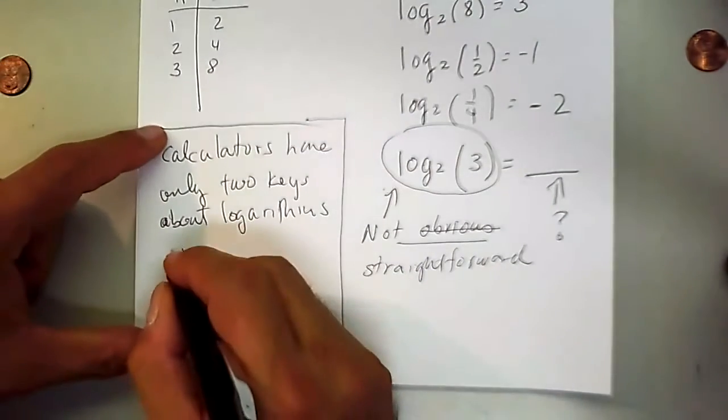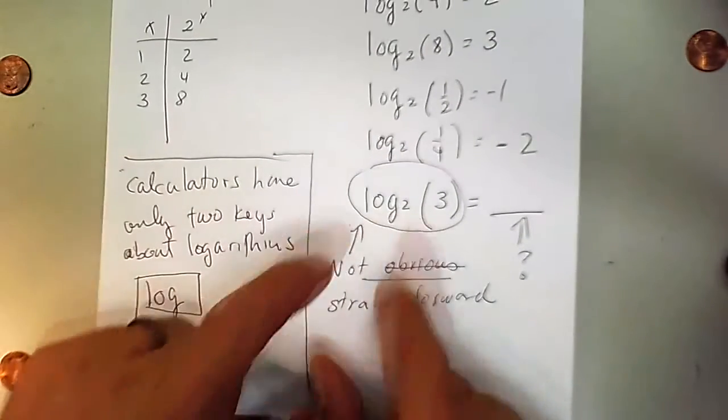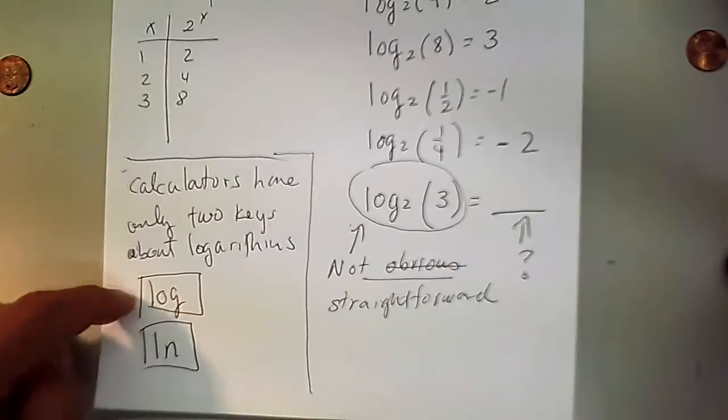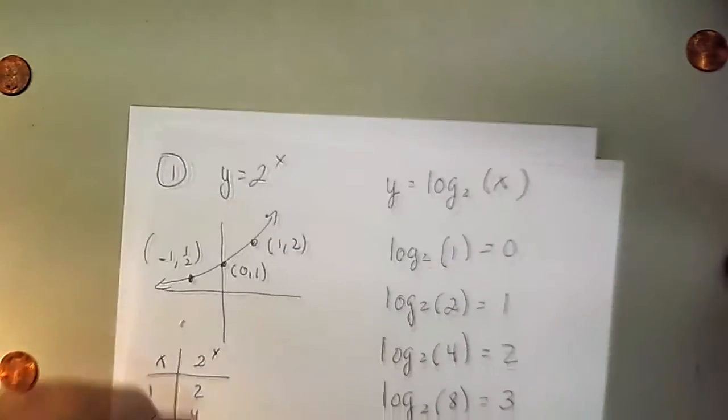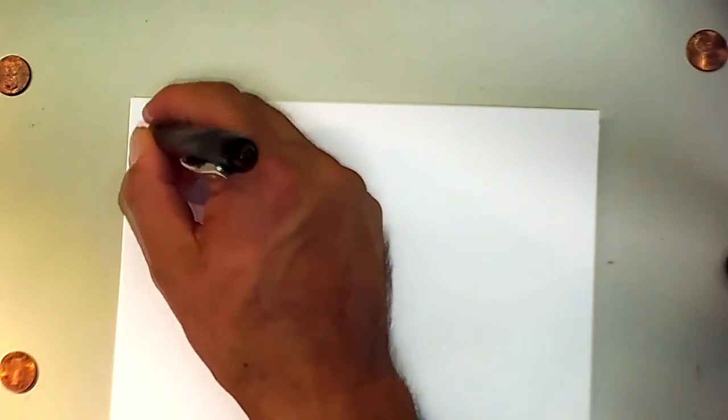So those are the only two keys they have. They don't have a logarithm base 2. Okay, so let's go to those two. And I don't know why that is the case. In this day and age, you would think that shouldn't be an issue.